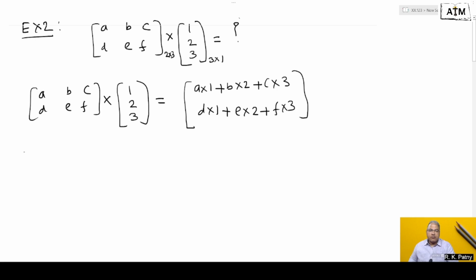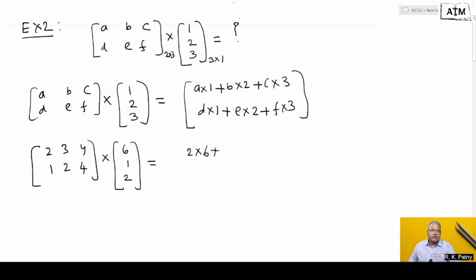Let us take one practical example. Suppose here 2, 3, 4, 1, 2, 4 multiplied by 6, 1, 2. Then how to multiply them? 2 into 6 plus 3 into 1 plus 4 into 2. After that, 1 into 6, plus 2 into 1, plus 4 into 2.